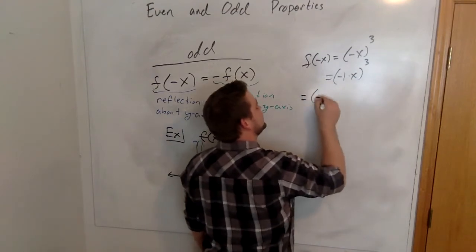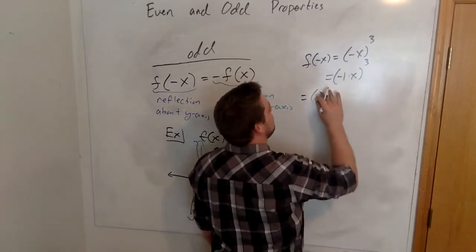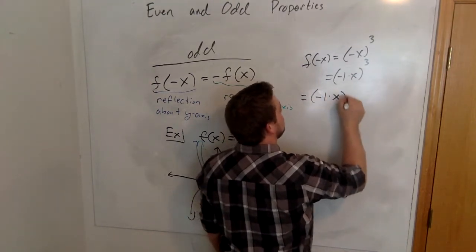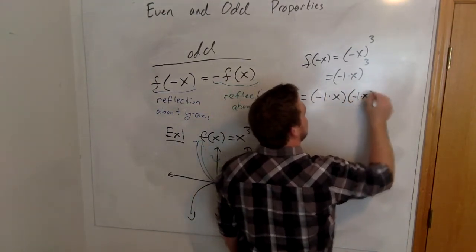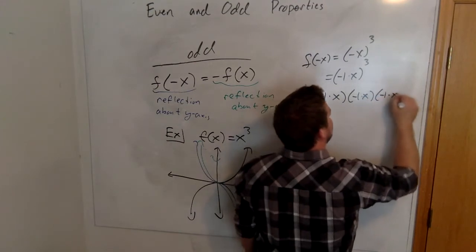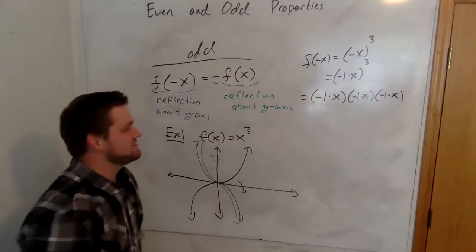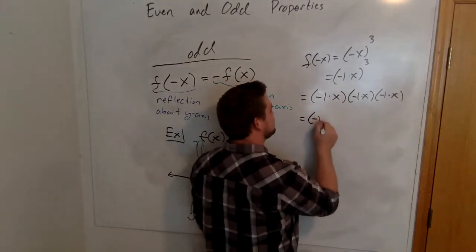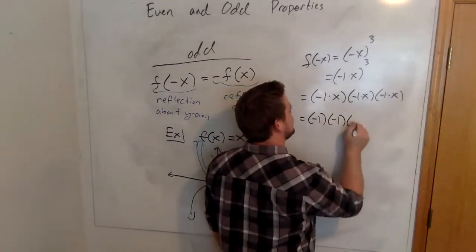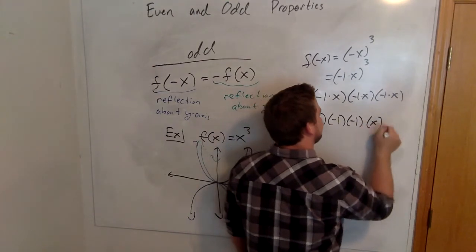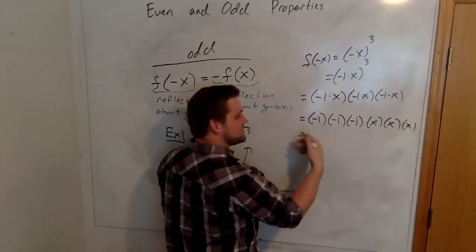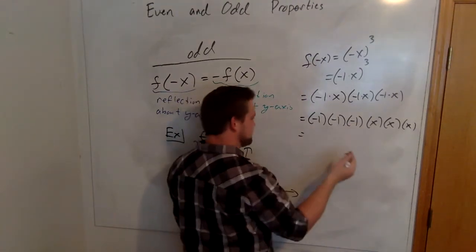I could be using some exponent properties here, just trying to show some super gory detail. Okay, that's what it means to cube something: multiplying it by itself 3 times. Order of multiplication doesn't matter. This is the same thing as -1 times -1 times -1 times x times x times x. Well, -1 times -1 is a positive 1, times an extra negative is a negative.